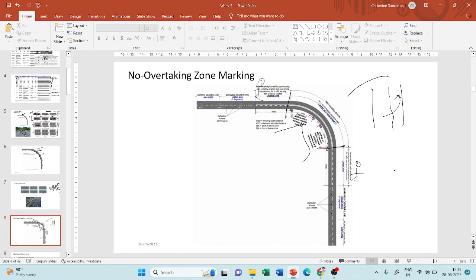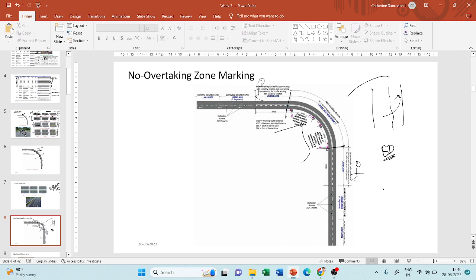So let us go step by step as to how this zone is set, and after setting it, you have to give appropriate markings in order to demarcate the no overtaking zone. Okay, so first, the no overtaking zone is provided when your sight distance is not satisfied, right?